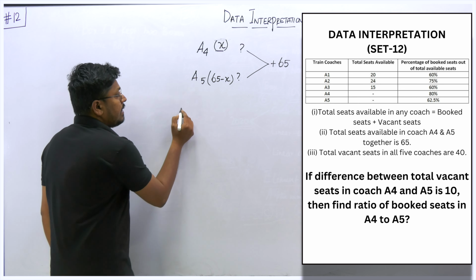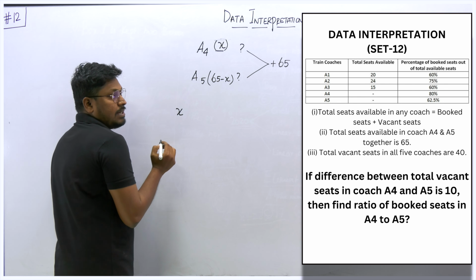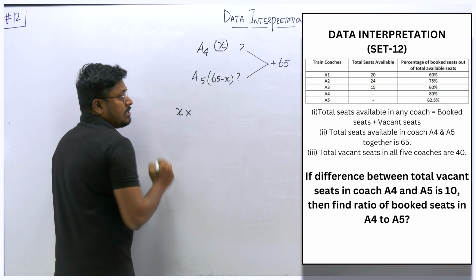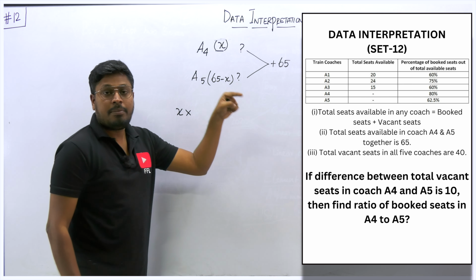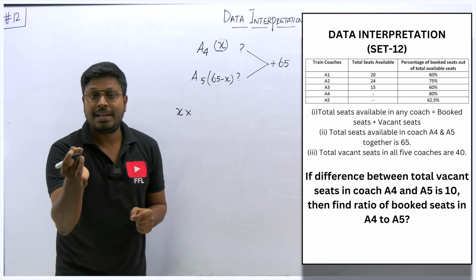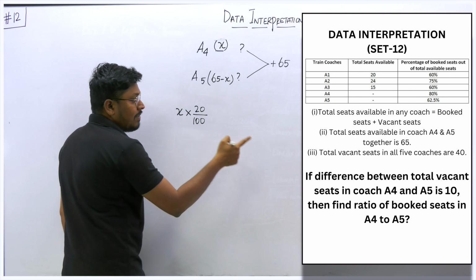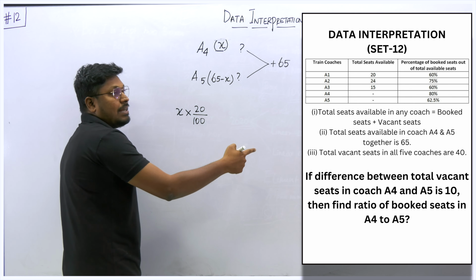Now let me take coach A4, the available seat is x. Out of this available seat, 80% are booked. So if 80% seats are booked, then the remaining 20% will be vacant seat, so 20 divided by 100. Why? Because they have given the difference between the total vacant seat will be 10.